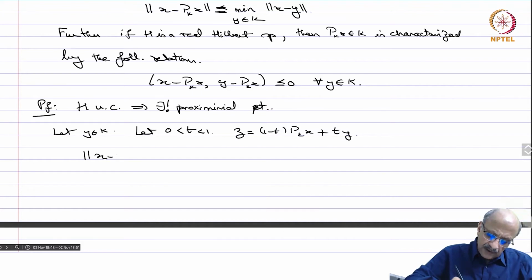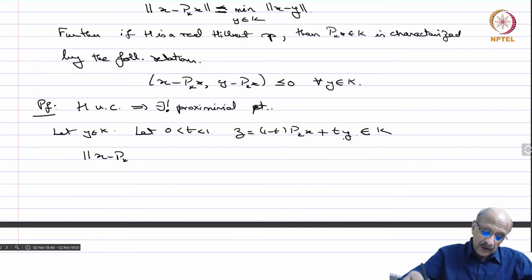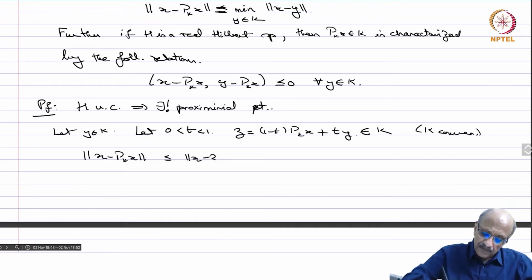So then, z belongs to K because P_K x is in K, y is also in K, and any convex combination will be in K. K is convex. So norm of x minus P_K x is less than or equal to norm of x minus z. And what is x minus z?